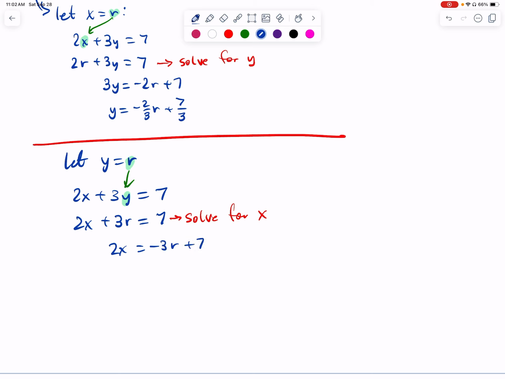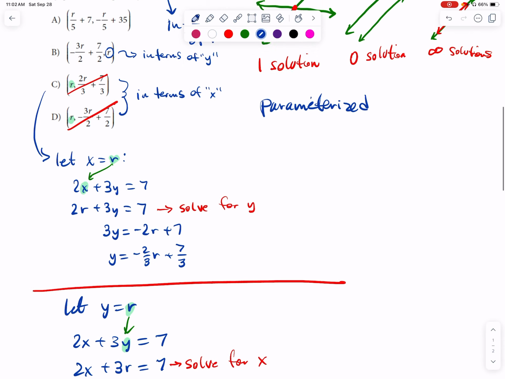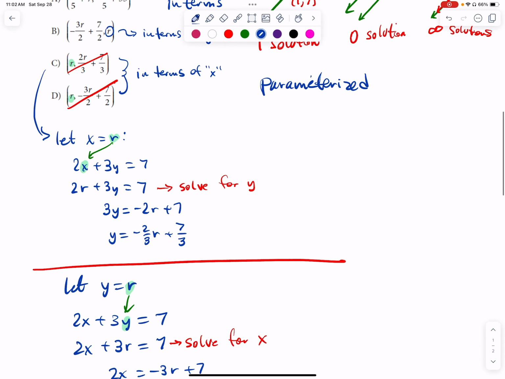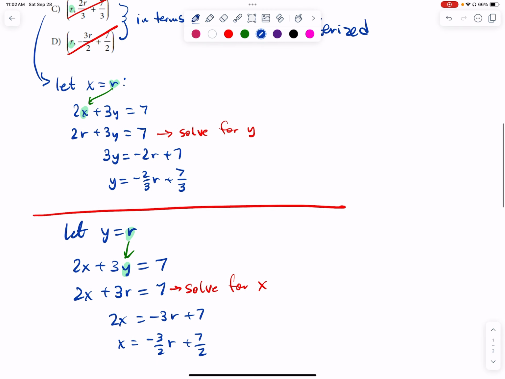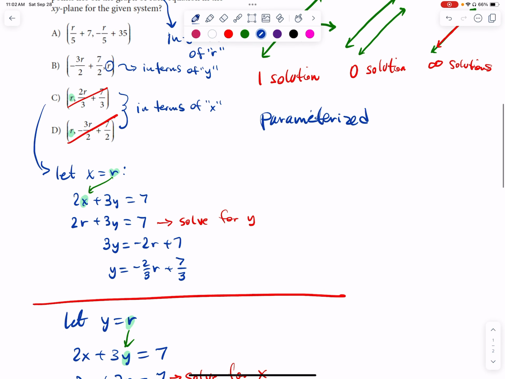And then I divide by 2. x is equal to negative 3 over 2r plus 7 over 2. So hopefully this looks exactly like answer choice B. Does it? Let's see. A negative 3 over 2r, yes, and also plus 7/2. So that is, in fact, the answer.